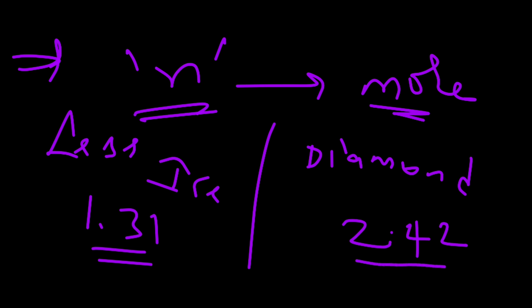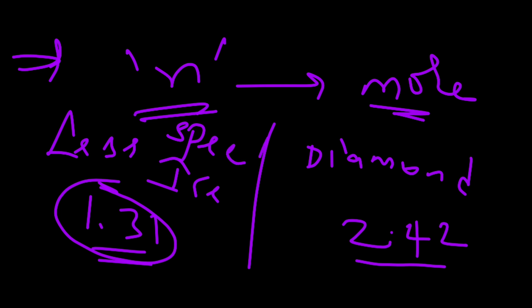So what is the meaning of this value? This value says if the refractive index is lesser, then the speed of light is more. In which medium is the speed of light more, ice or diamond?